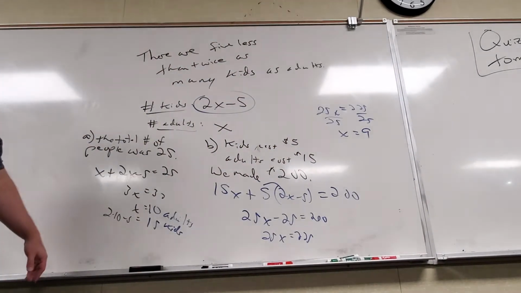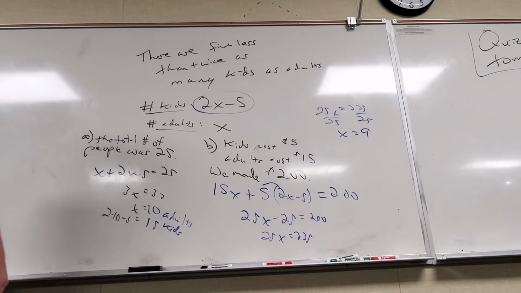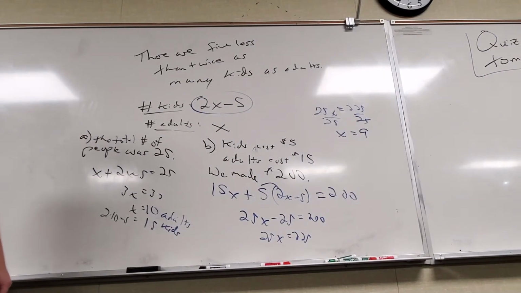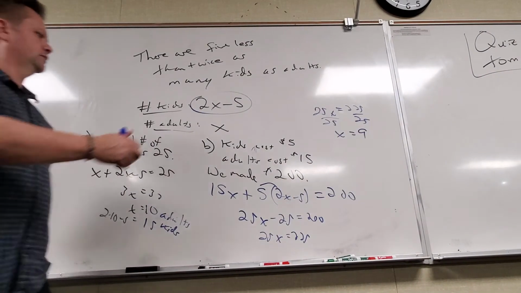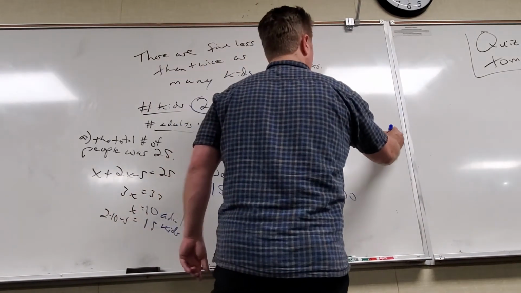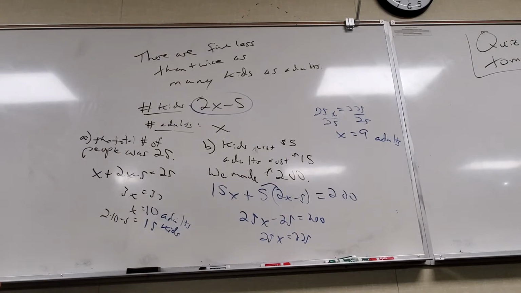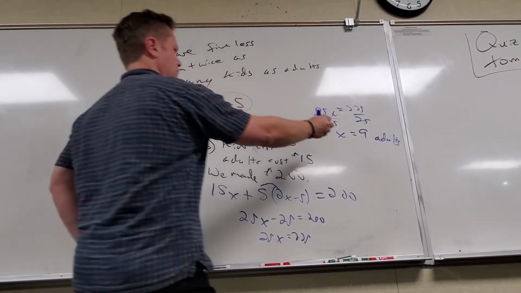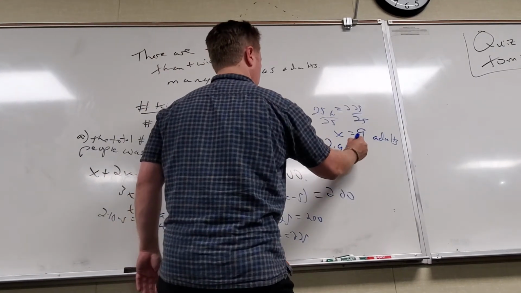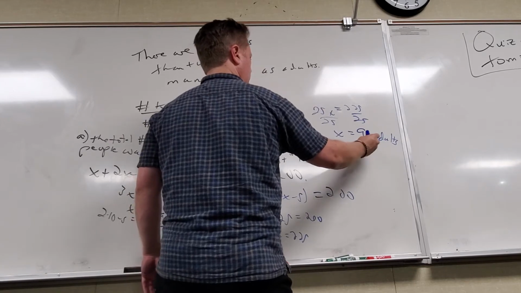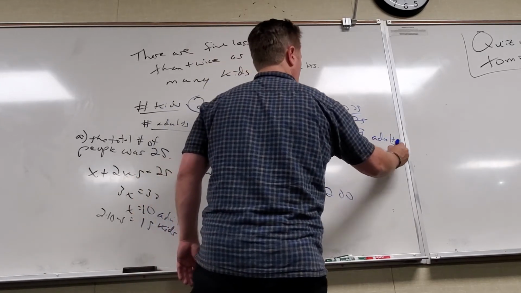X. X is 9, which means there were 9 adults. And how many kids? 2 times 9 minus 5. Say again? Yeah, 2 times 9 minus 5, 18 minus 5 is 13 kids.